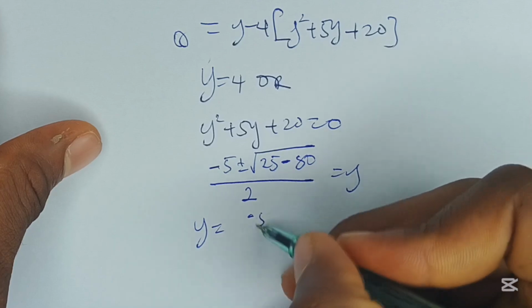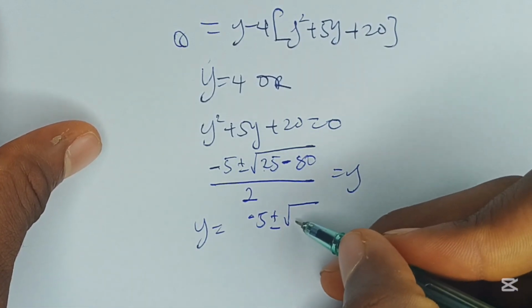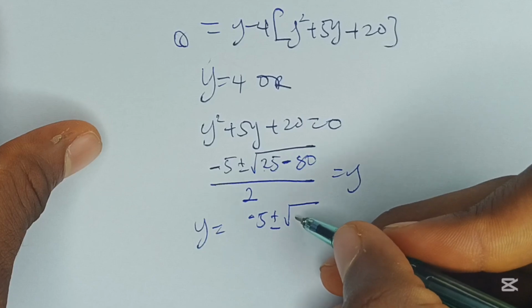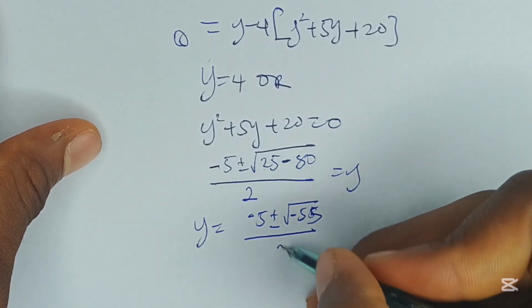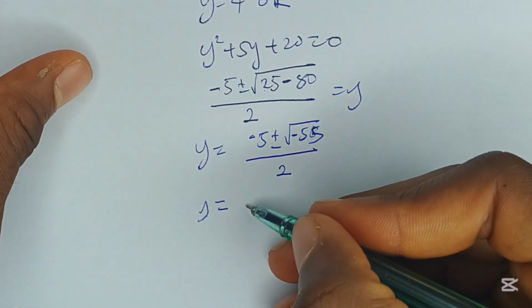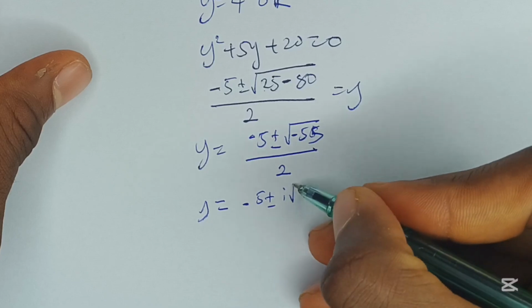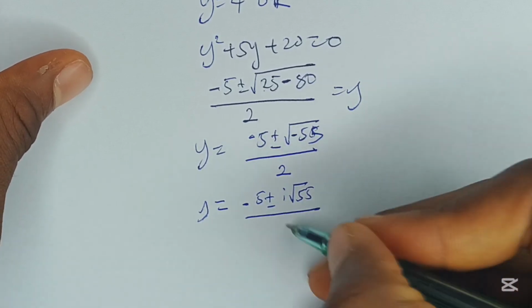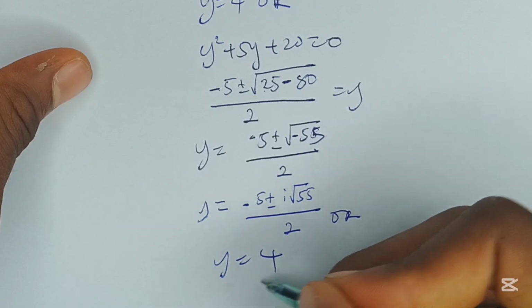Y will be equal to minus 5 plus or minus square root of, this minus this is negative 55, so we have minus 55 all over 2. From here we have that y will be equal to minus 5 plus or minus i root 55 all over 2, or y is equal to 4.